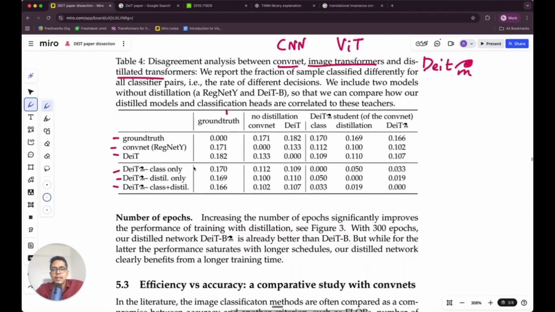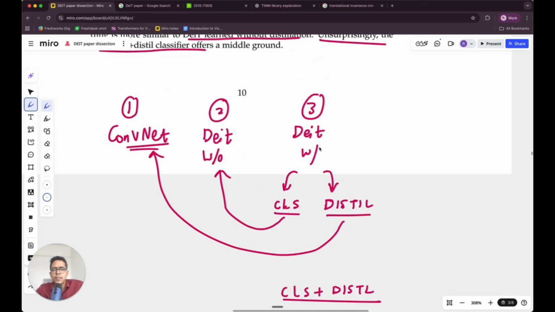In the text, they said that if you just look at the CLS token for classification, the disagreement with the data efficient transformer without distillation token is lower, which means the disagreement between this one and this one will be lower than between this and this. Let's see if that is the case.